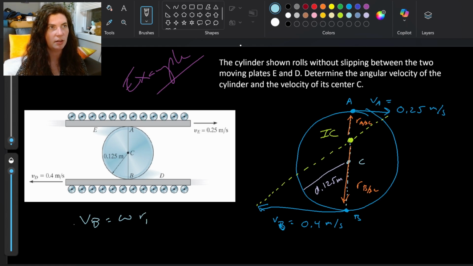I mean to write B. VB equals omega, because this guy is rotating through some angular velocity omega. So VB equals omega times RB with respect to IC, or we could use VA equals omega times RA with respect to IC.